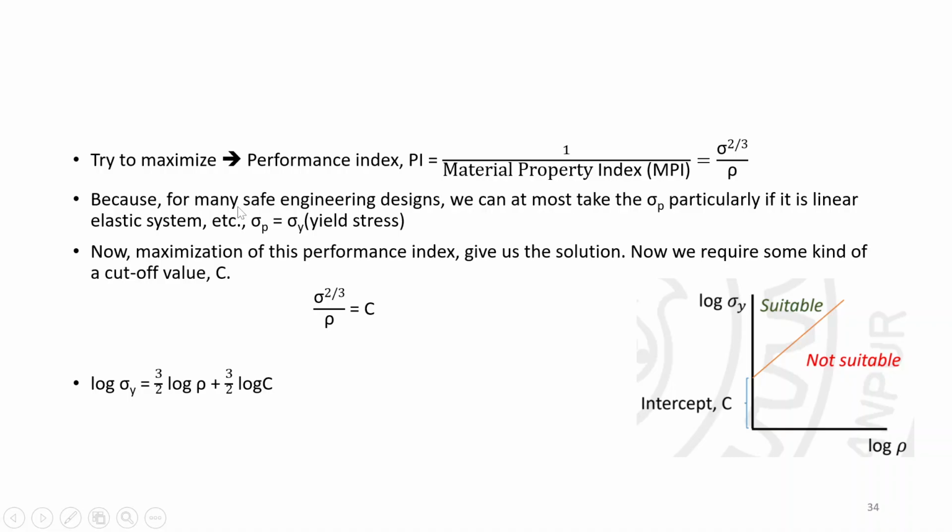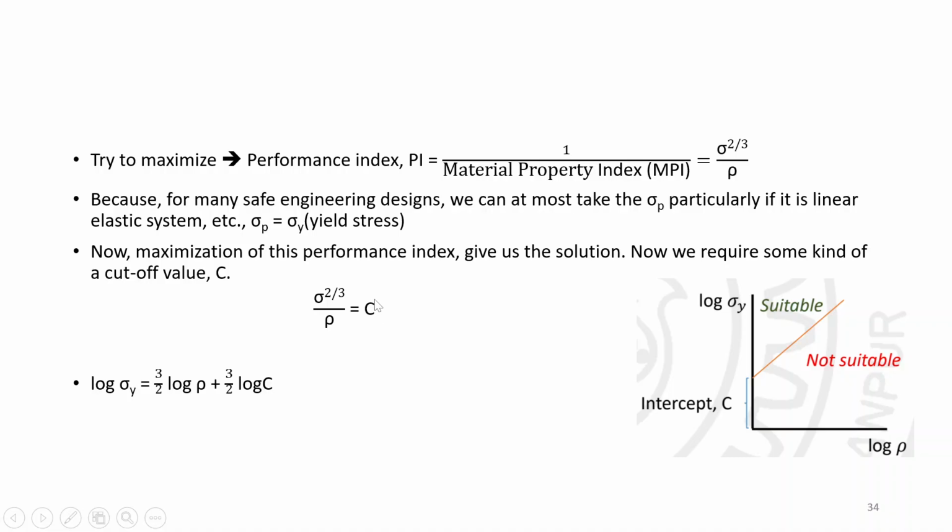Because for many engineering designs, we can at most take the sigma, particularly if it is a linear elastic system, etc. So in this case, sigma can be taken equal to yield stress. So this is for safety. Now for maximization of this performance index, again we have to take some kind of cutoff value.